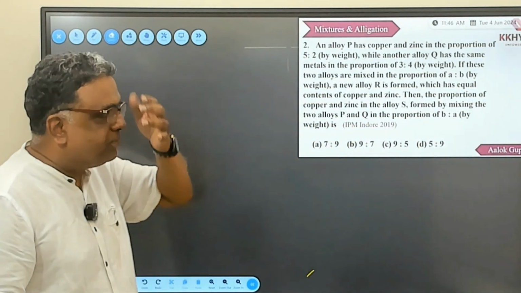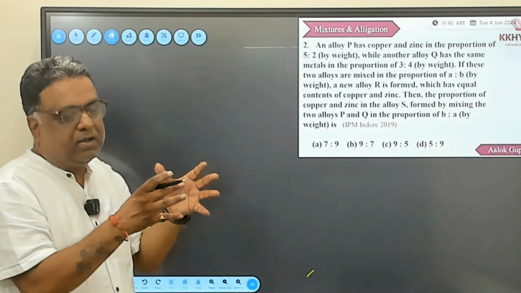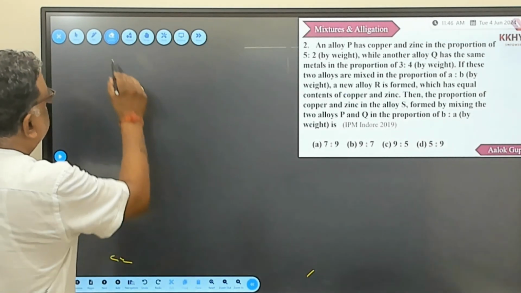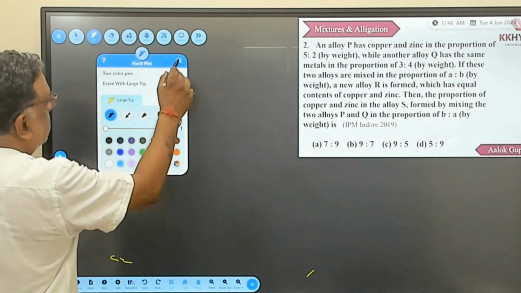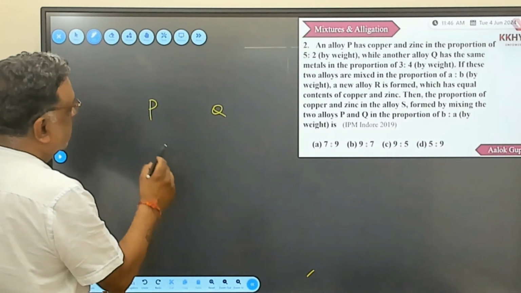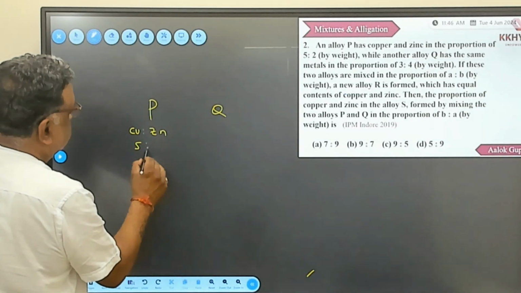So there are two things happening here. First, we are mixing together and forming an alloy R. So let us first try to solve that. So we have P and Q. Here it is copper and zinc in the proportion 5:2.